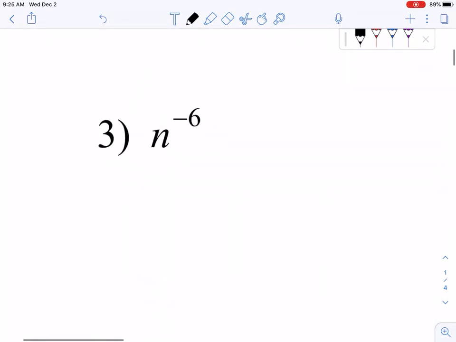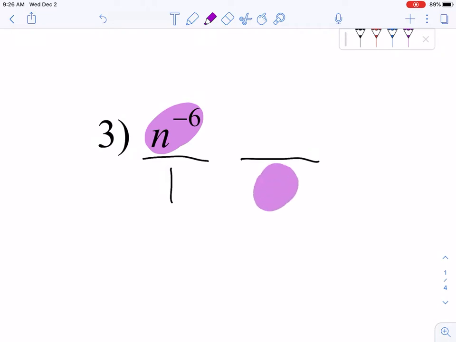All right. So in this one, we have n to the negative sixth. So this is all sitting over 1. And the only term that we really have here is this n to the negative 6. So we're going to need to write him downstairs to make him happy. So now it's n to the positive sixth. But I need a placeholder.